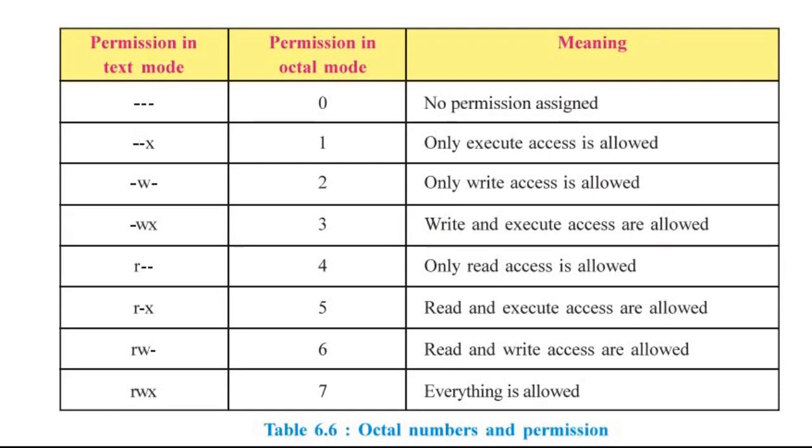Only execute access is allowed. Hyphen w hyphen, 2. Only write access is allowed. Hyphen w x, 3. Write and execute access are allowed. R hyphen hyphen, 4. Only read access is allowed.